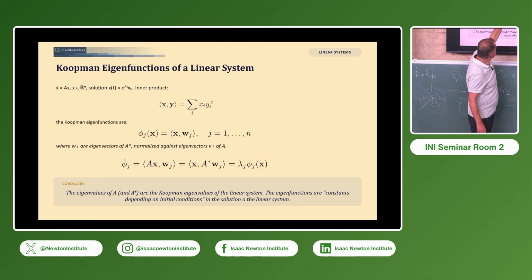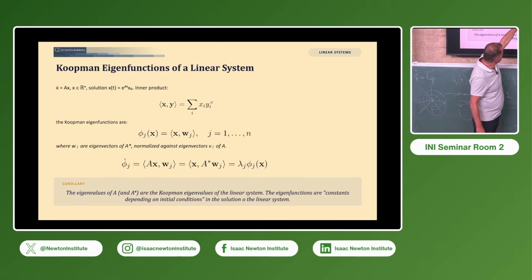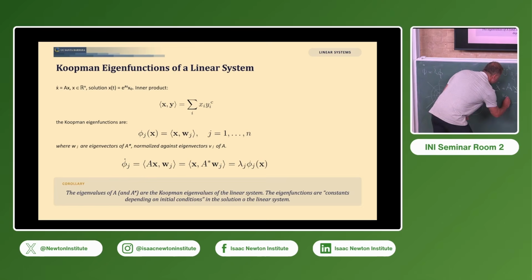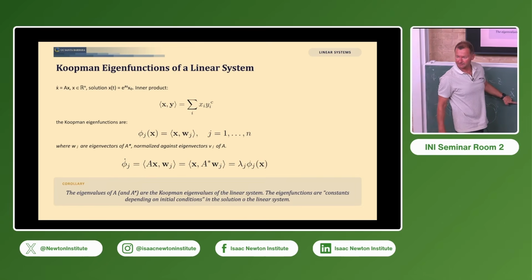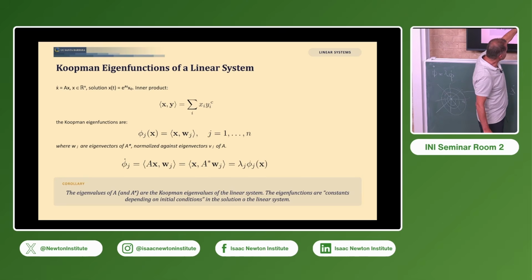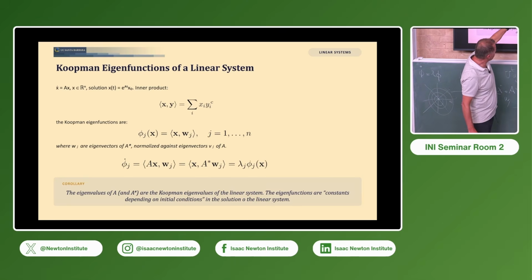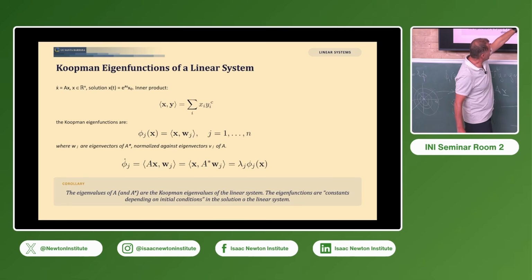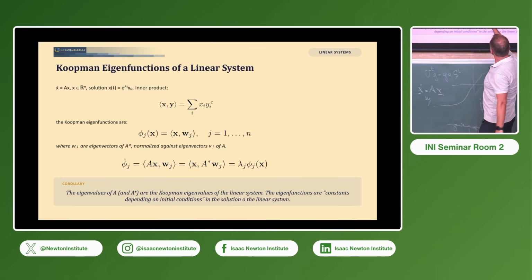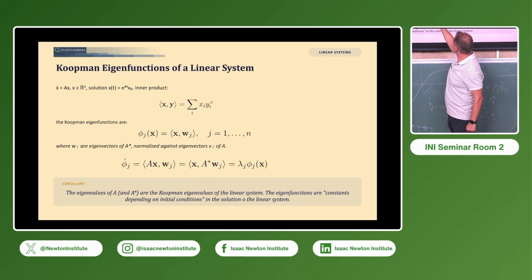So if you define phi j to be the inner product of x with wj, where wj is the jth left eigenvector of A, then it's easy to prove this is an eigenfunction. So take phi j dot, you get Ax with wj, that's x inner product with A star wj, which is lambda j complex conjugate wj.